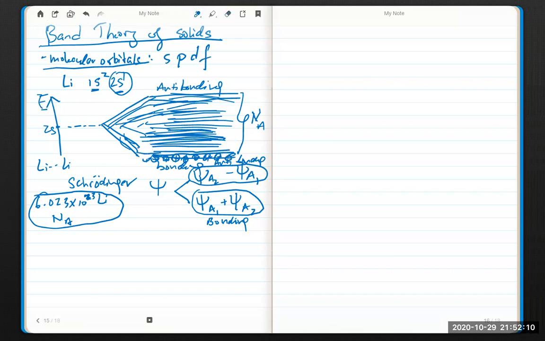The top one is negative, negative, negative, all destructive interference. Actually, I'm wrong. This is positive, negative, positive, negative. You don't need to know the details over here. This is just approximate.